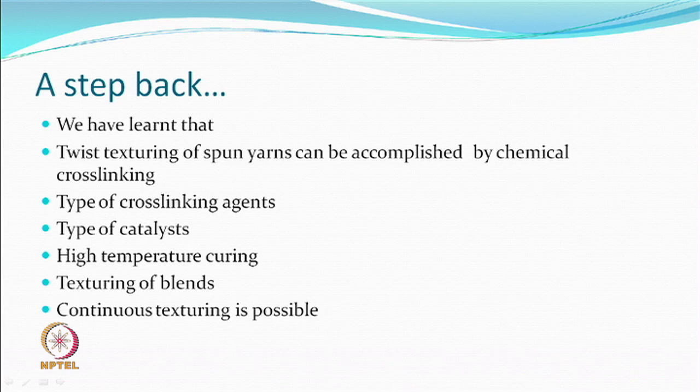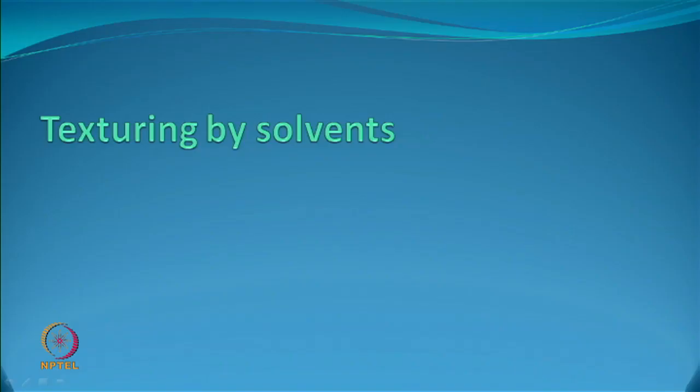And a concept of high temperature curing, close to the setting temperatures of synthetic fibers, can be used, which also means you go to higher temperature and reduce the time. If you use this type of curing method, then you can do texturing of blends as well. And if time becomes shorter, then continuous texturing in a false twist machine is also possible. So, texturing by solvents is what we will work on.